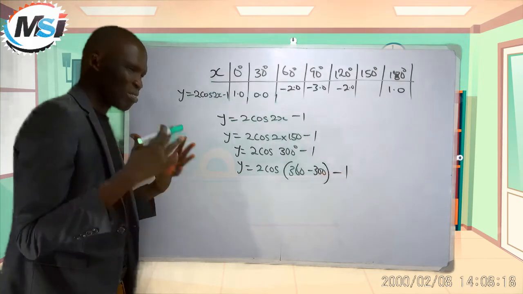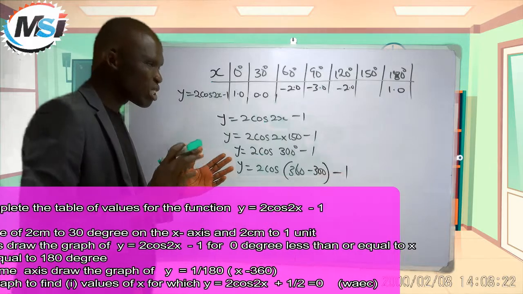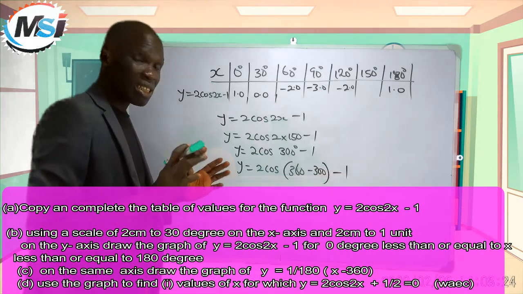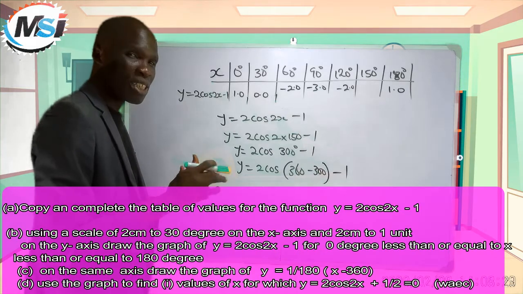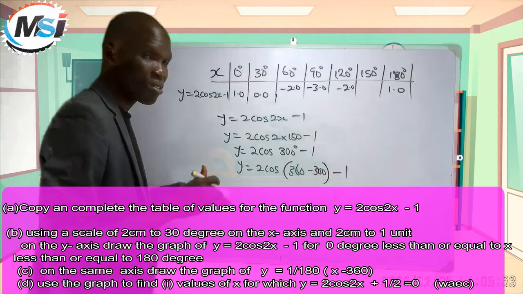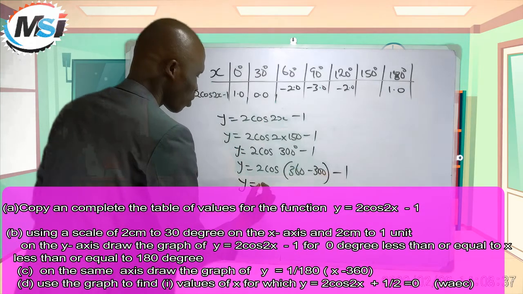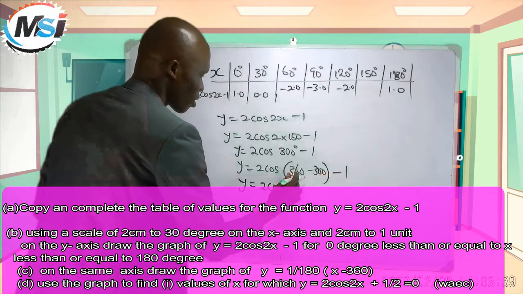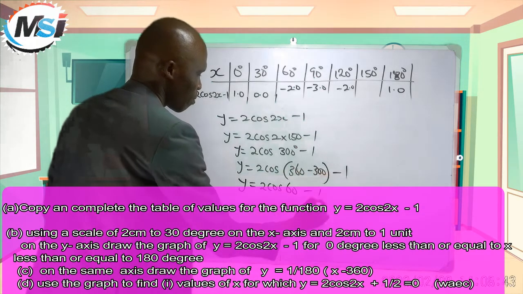That is what you need to be very careful about when you are solving mathematics in your exam. Your brain has to be connected together. Whatever you are doing, your brain is at alert. You are checking where there is error, where there is mistake. Mistake in mathematics is not pardonable because it's very dangerous. So this will give us y equals 2 cos 360 minus 300, which is 60, minus 1.